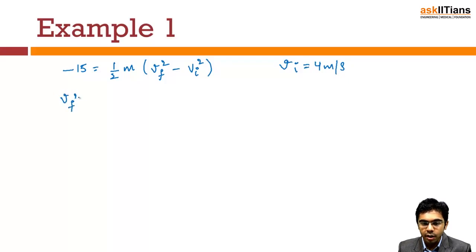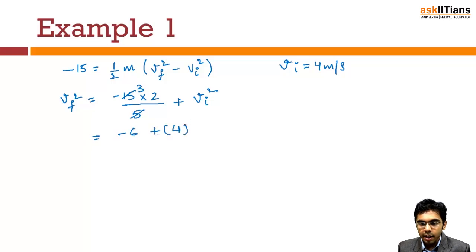V final square will come out to be minus 15 into 2 divided by 5 plus V i square. So minus 15 gives minus 6, plus 4 square, and this will come out to be 10. So V final square is equal to 10, which implies V final is equal to root 10 meter per second.